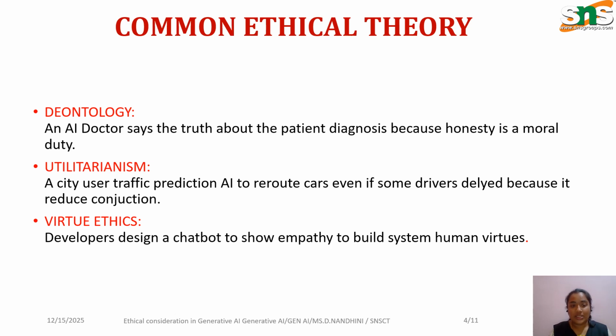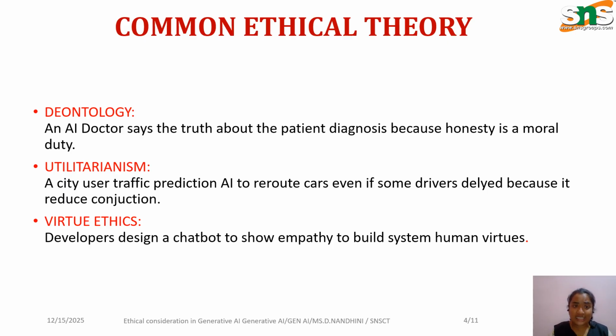So third one is a virtue ethics example. That means a developer designs a chatbot to show empathy and kindness, aiming to build a system that reflects human virtues, built AI that helps people become better. It also acts as comparatively good. This is a common ethical theory.